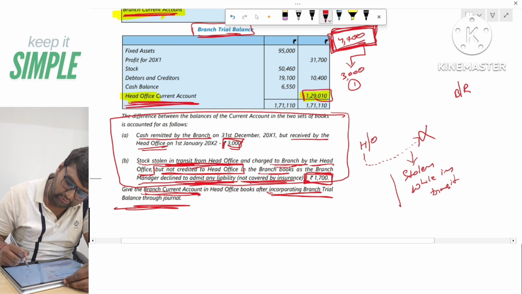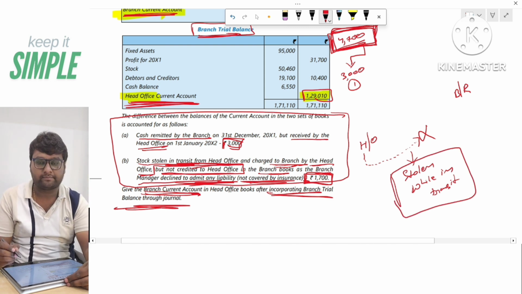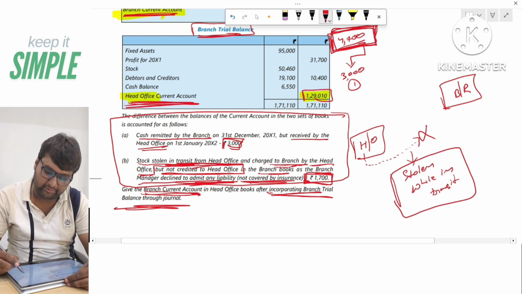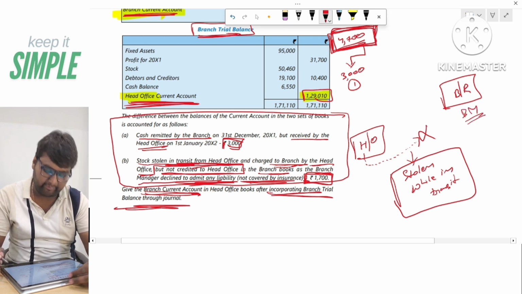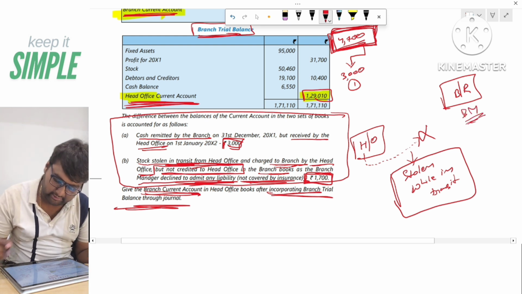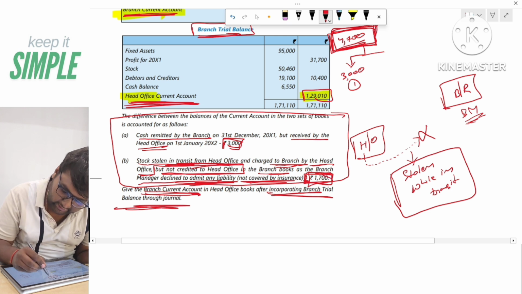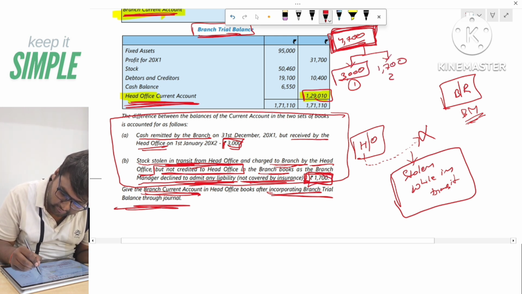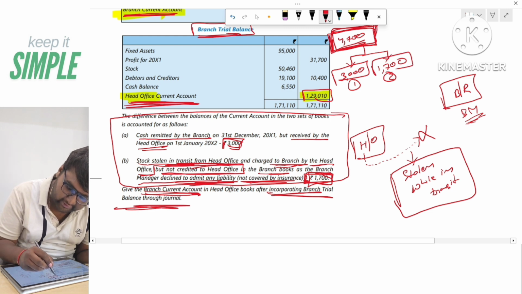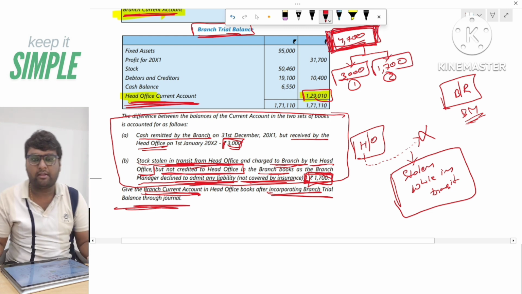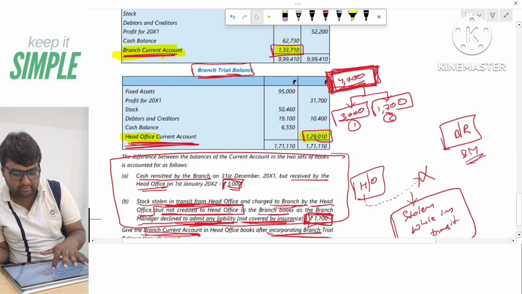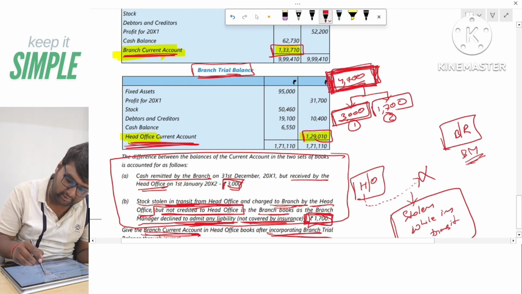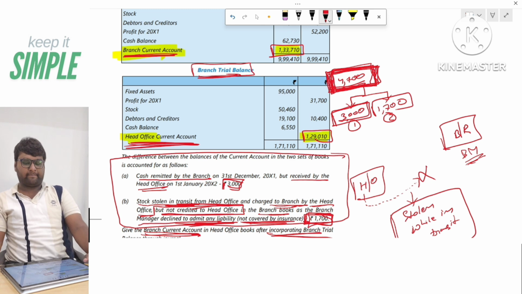We have to give the effect for this, because head office had passed the entry, but the branch didn't pass any entry, because the branch manager is not accepting any liability. The amount is 1,700. So by adding up these two, we get 4,700. That is why there is a difference of 4,700.